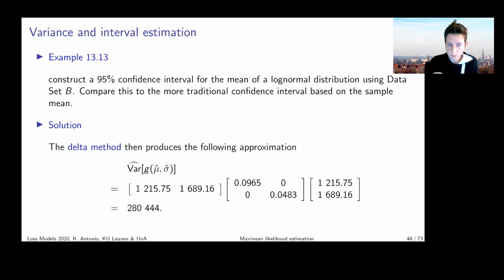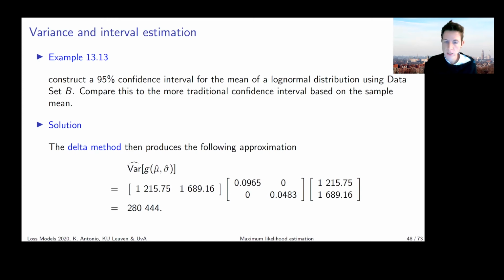So putting all of this together, if you look at the variance estimates that we can obtain for this function g of the unknown parameters mu and sigma, and if we evaluate that whole thing by replacing the mu and the sigma with their actual estimates, evaluated for sample B, then we get the following variance estimate for our mean, the exponential of mu hat plus sigma hat squared divided by 2.